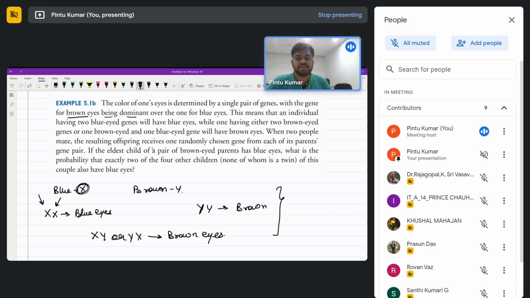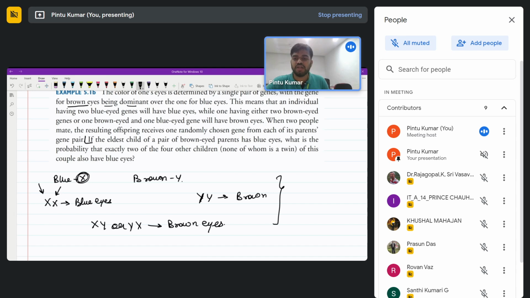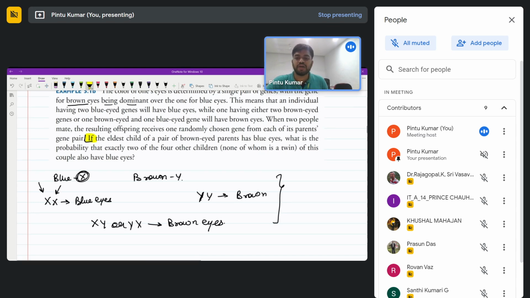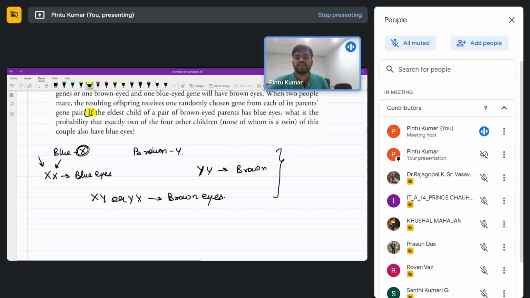Okay, so from here the main question starts. Whatever is written above this, I have presented to you. It says that the eldest child of a pair of brown-eyed parents.